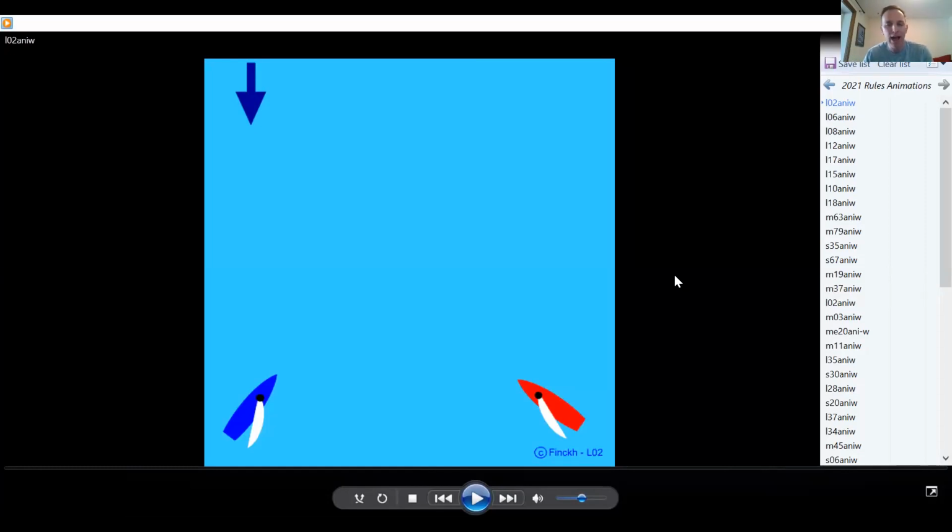If you are on opposite tacks, the boat on starboard tack has right of way over the boat on port tack. So this is your classic starboard port. Red is on starboard because the wind is hitting red's right side, the starboard side of his boat, and blue is on port because the wind is hitting the left side or the port side of the boat.